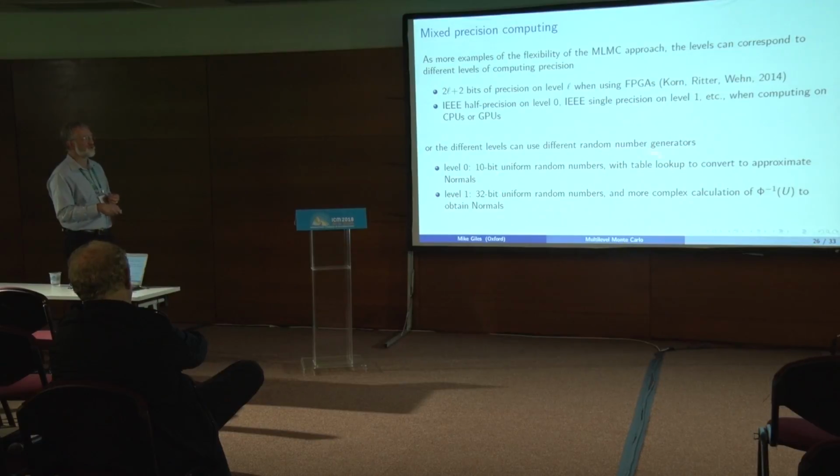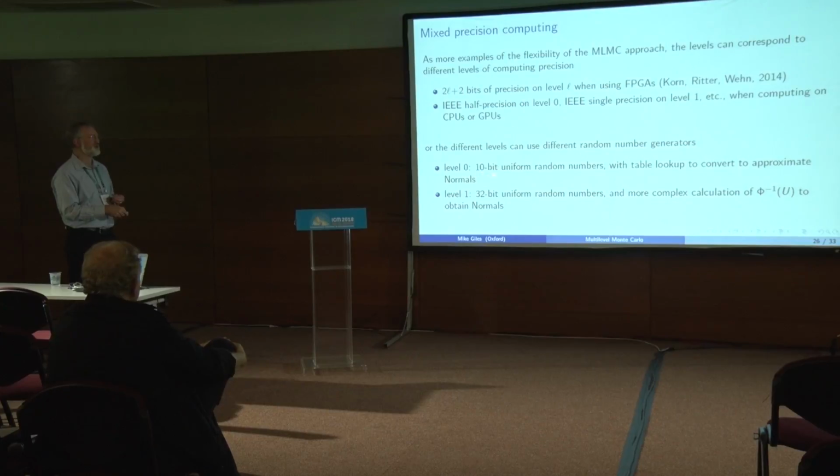Or you can use different random number generators. So Oliver's looking at using level 0 with a 10-bit uniform random number generator. And with 10 bits, that's 2 to the 10 possibilities. You can just use a lookup table to convert those to approximate normal random variables.